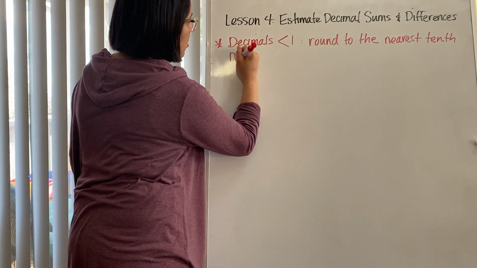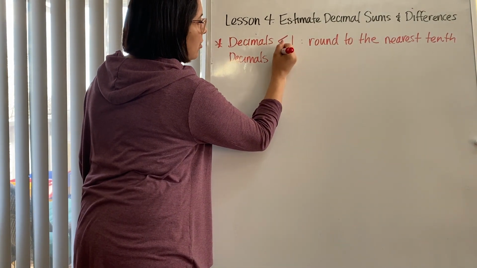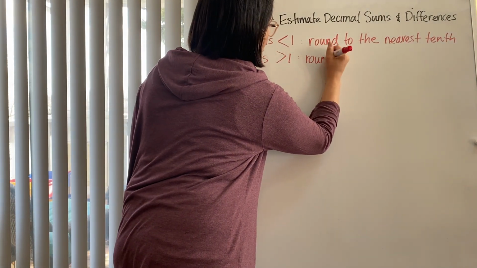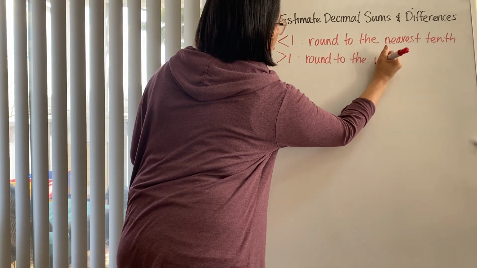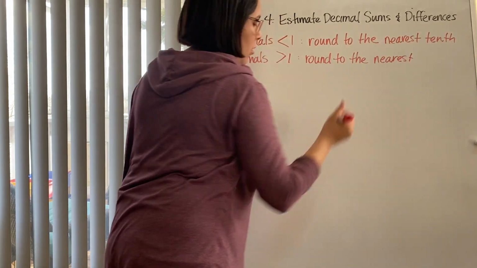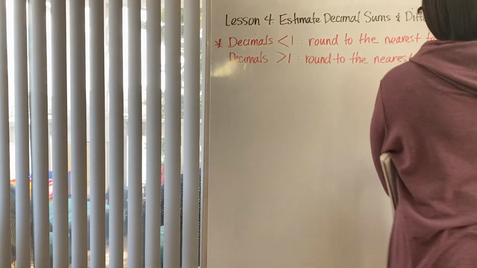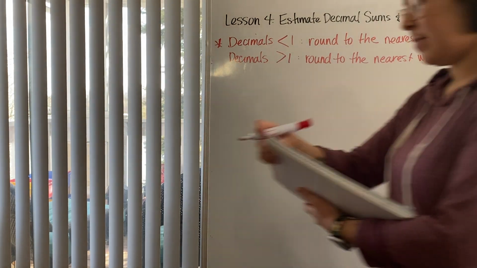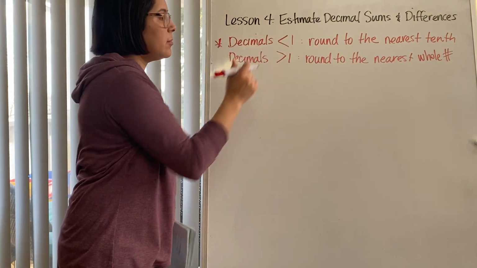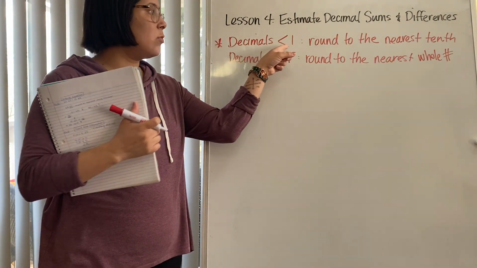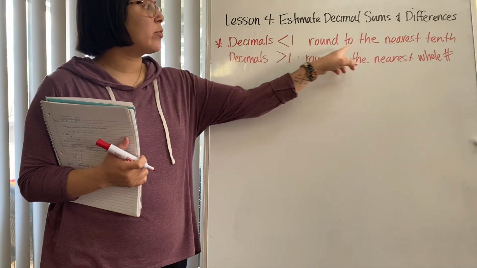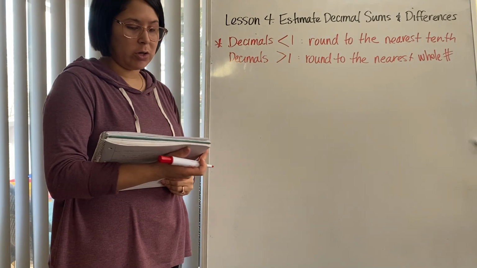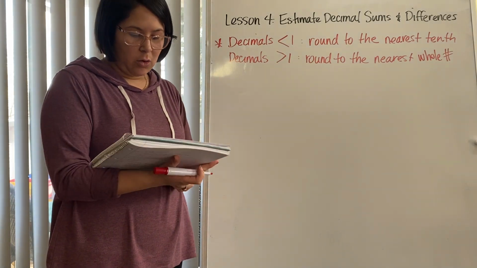And then for decimals greater than 1, you're going to round to the nearest whole number. I'm going to put a number sign for number. So these are going to be key to remember. Decimals less than 1, so 0 point something something, you're going to round to the nearest tenth. And then decimals greater than 1, you're going to round to the nearest whole number.